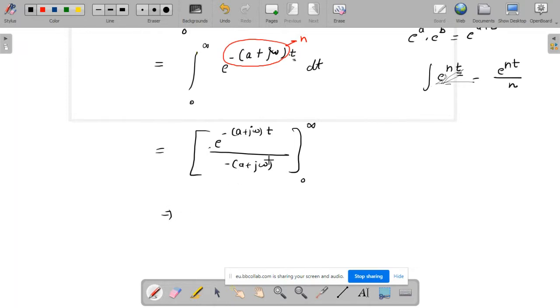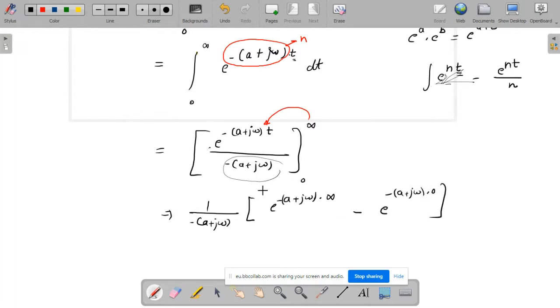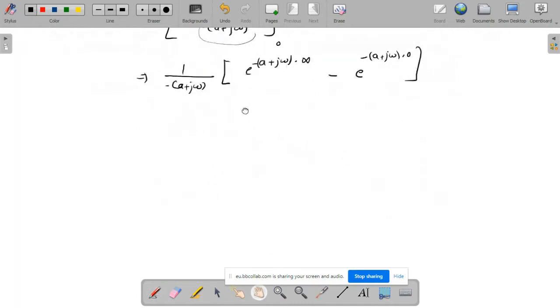Okay, now I am taking this number out of the bracket. So I am taking out 1 divided by minus (a plus j omega), and now put the value of infinity in place of t. So e to the power minus (a plus j omega) with t as infinity, minus sign, then in the second case put t as 0. We know about it.